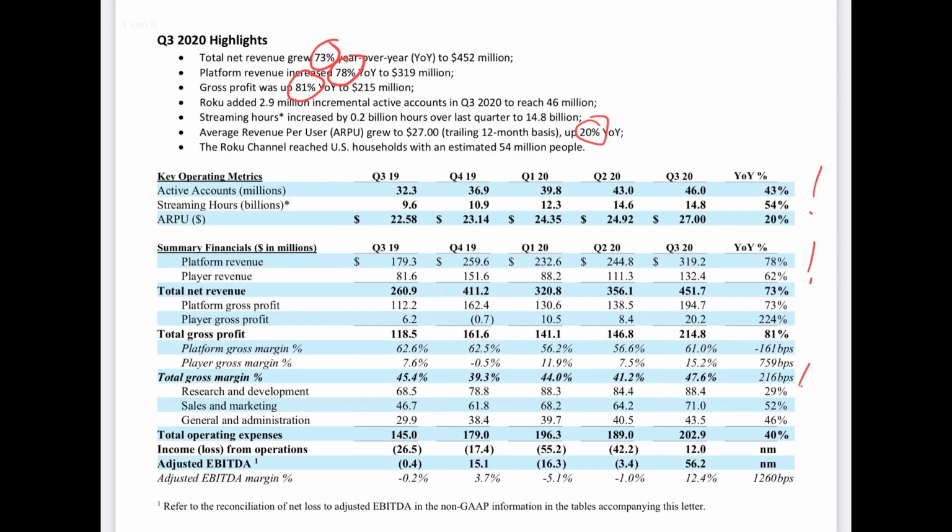Then the Q3 numbers were much better. So they grew 73% year over year. The platform revenue was up 78%. The gross profit was up 81%. So monster numbers. And again, the RPU, or average revenue per user, was also up 20%. And monster numbers for such a company.